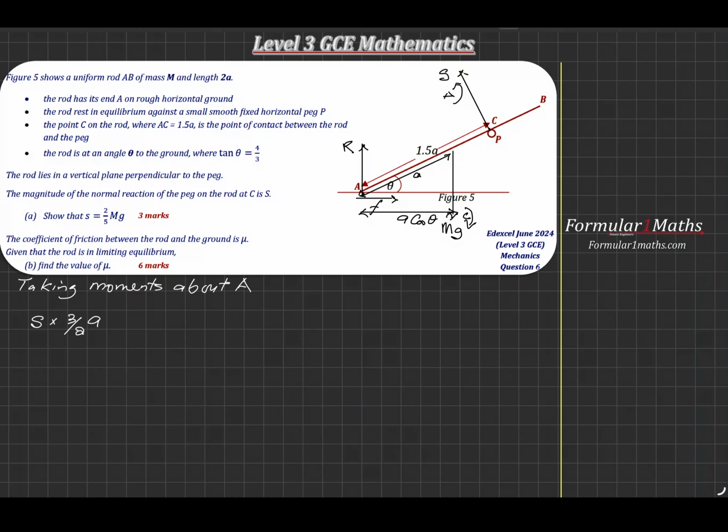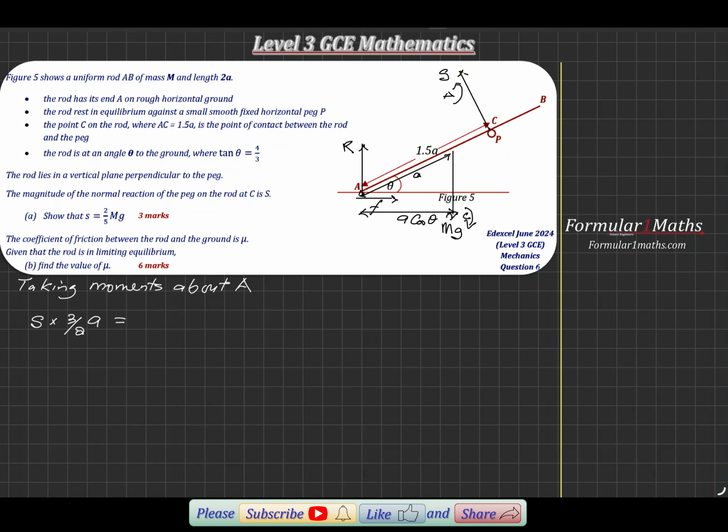So the anti-clockwise moment should be equal to the clockwise moment. And the clockwise moments will be due to this force times the perpendicular distance over here. And so that will be mg times a cos theta.